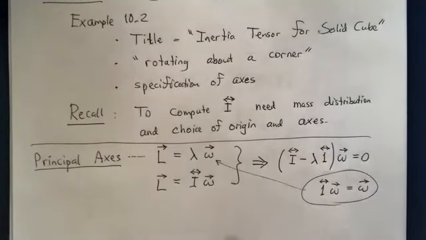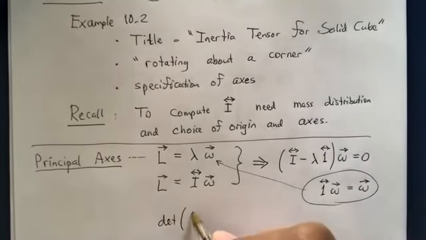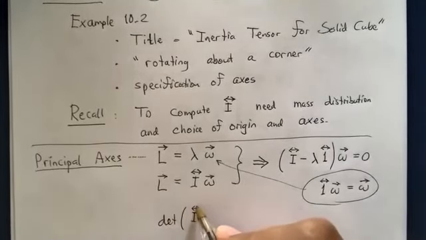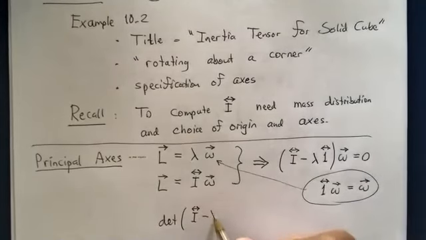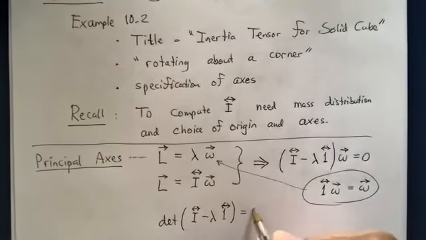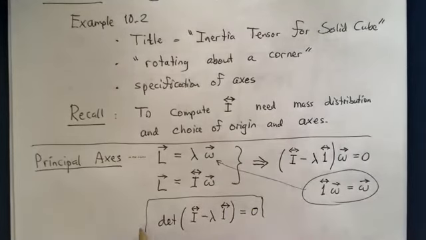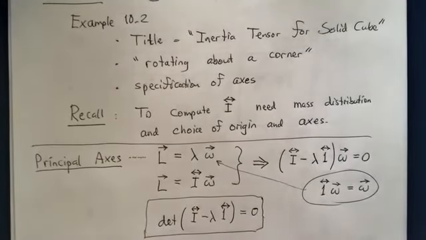So here's the wonderful conclusion. The determinant of the inertia tensor minus lambda times our 3x3 identity matrix is 0. Wonderful conclusion, because now we've reduced this to an algebra problem.